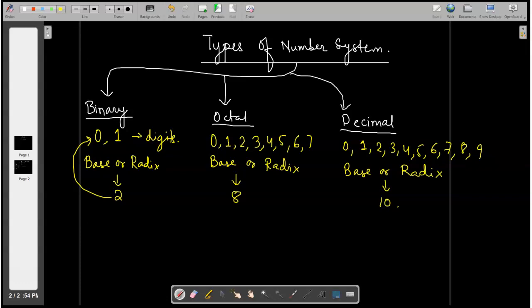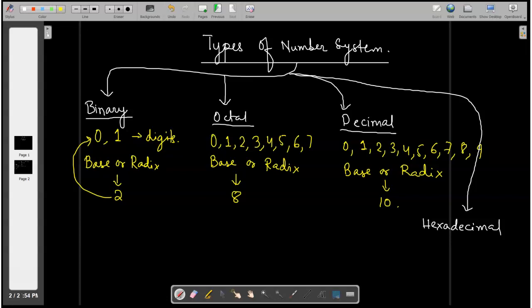Clear? Now the last type of number system which we will be discussing is the hexadecimal number system. As the name says hexadecimal, it is clear that it has a total of 16 digits. So what are the 16 digits over here?